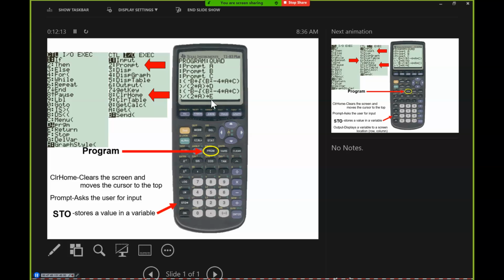Megan. Okay, so press second and then the mode button. That should bring you back to the home screen. So just like the blank screen at the start of your calculator. Is that okay? Nope, so press program now. And then go over to the edit tab. And you should see your program name listed there.